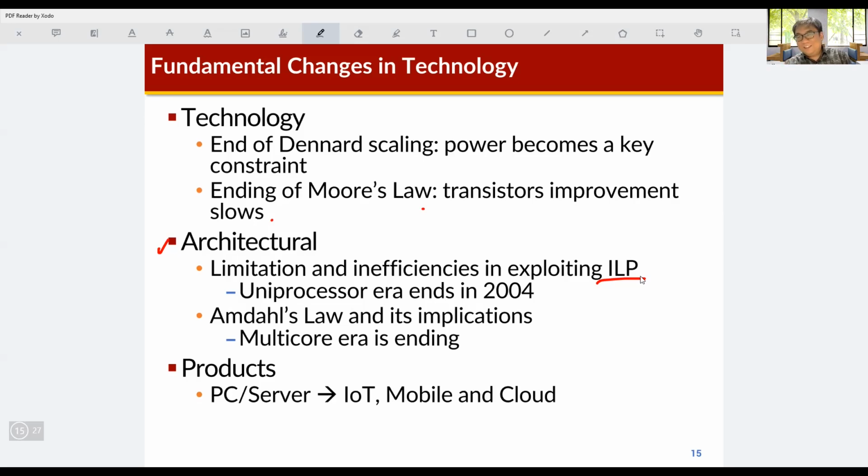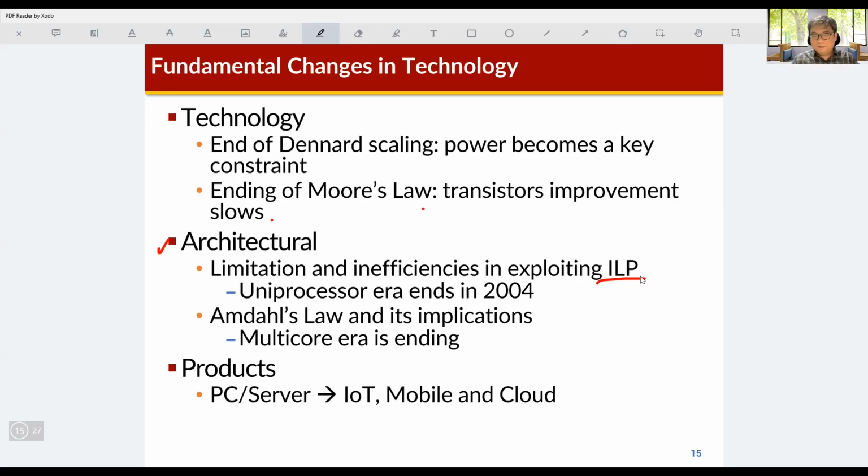Also, Intel or AMD includes new instructions for multimedia and parallel computation, such as SSE or AVX. But this advance is also limited by the portion of such instructions.